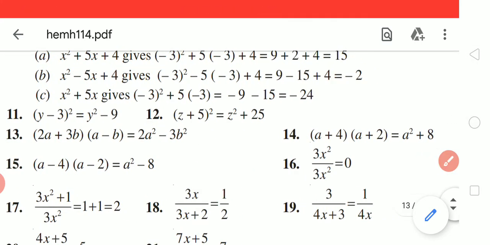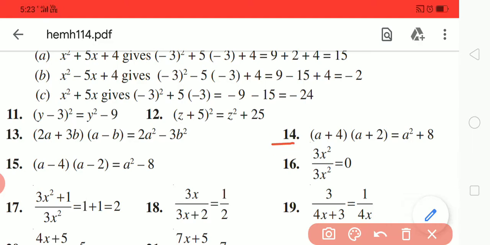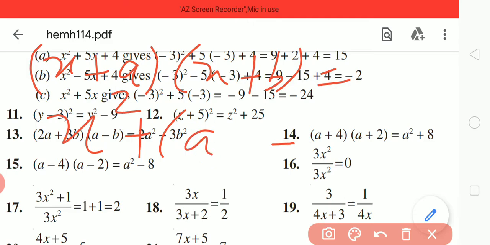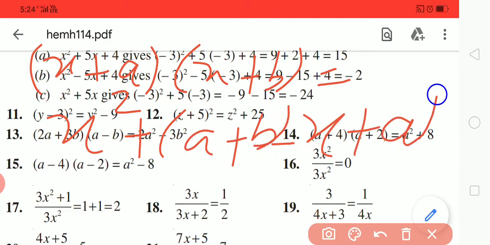Here it is given (a plus 4) multiplied by (a plus 2). So let us compare it to (x plus a) into (x plus b). This is an identity, that is equal to x square plus (a plus b) into x plus ab, right? So this is the identity we will use.